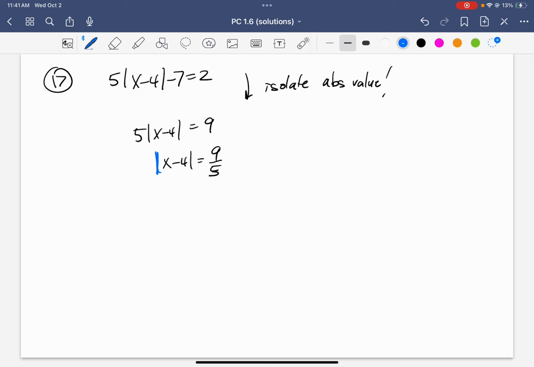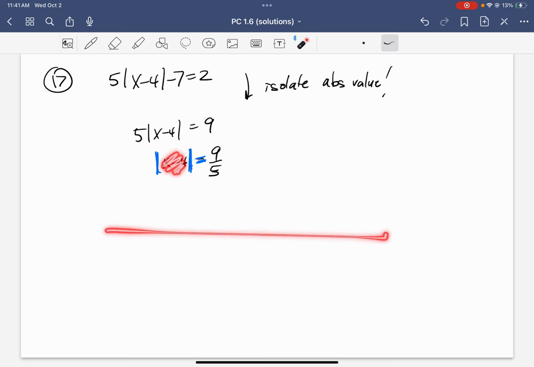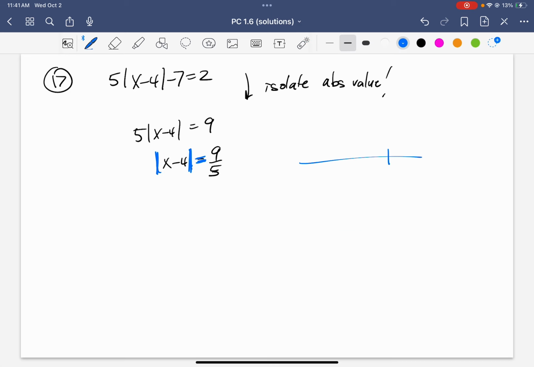Now, if I say that my size is 9/5, the only way that your absolute value, whatever you are, is 9/5 is if on the number line, you're either sitting over here at positive 9/5 or you're sitting over here at negative 9/5, yes?